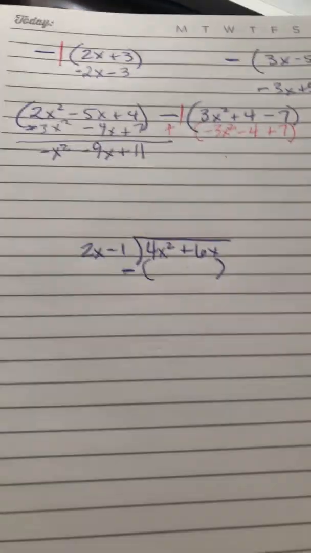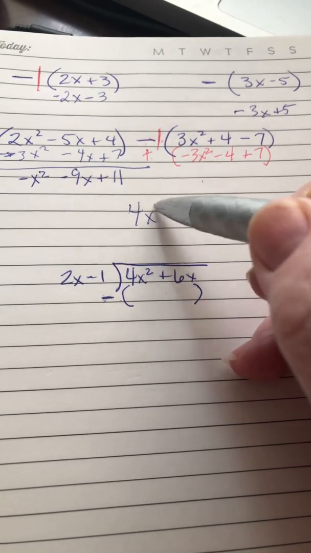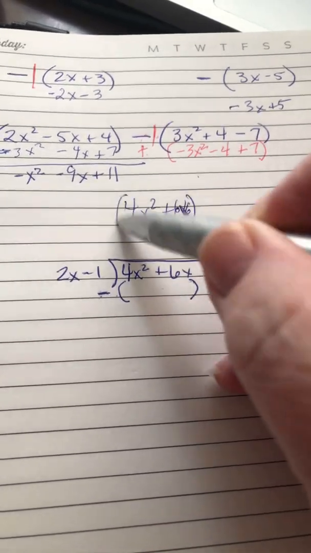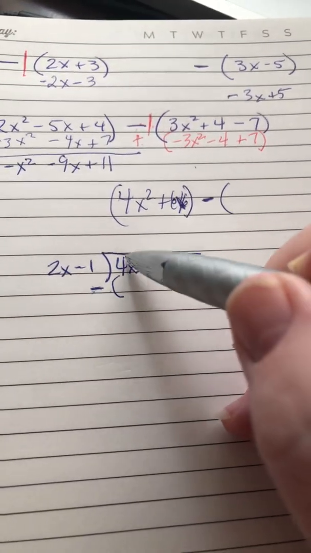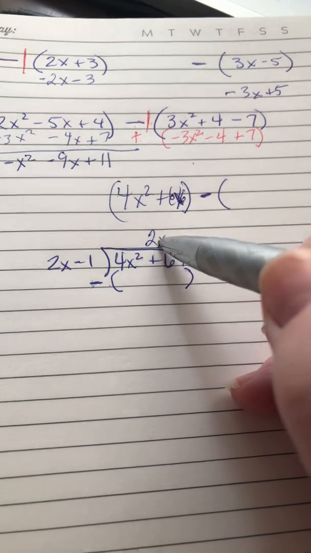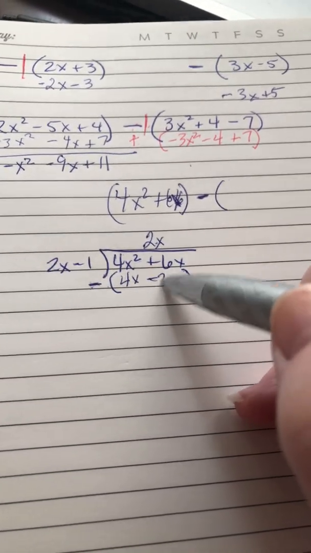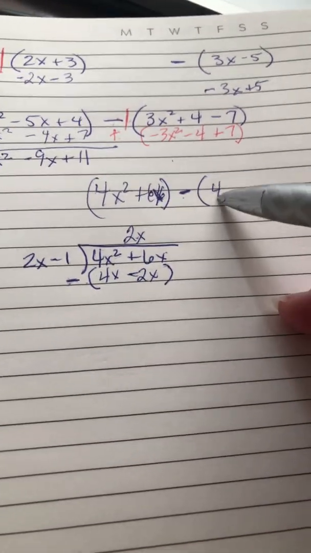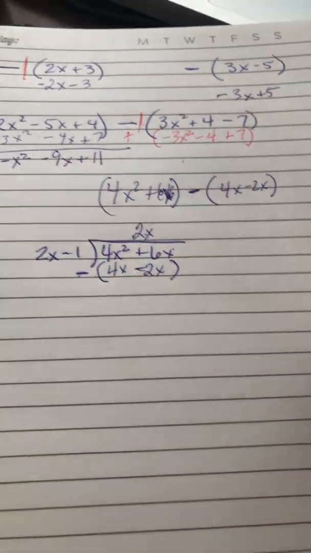So that's the idea here. We're trying to take this set, 4x squared plus 6x, and subtract the set. If we wanted to do this, we'd have a 2x up on top, so that would give us 4x minus 2x. So we'd have this set minus this set, and we would treat it just like we did this problem here.